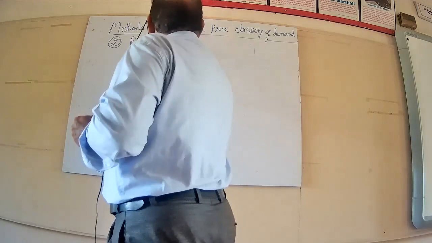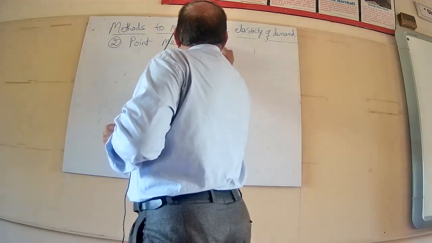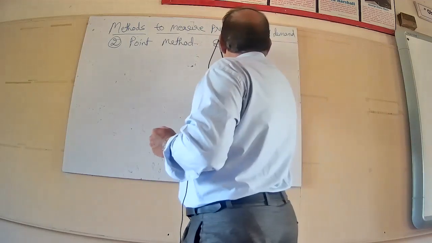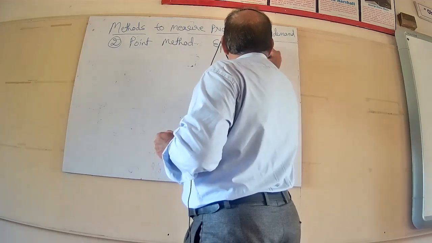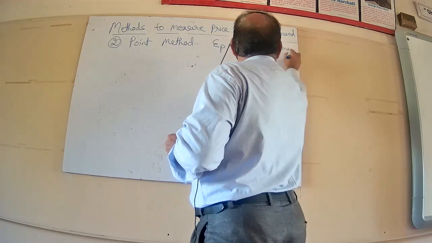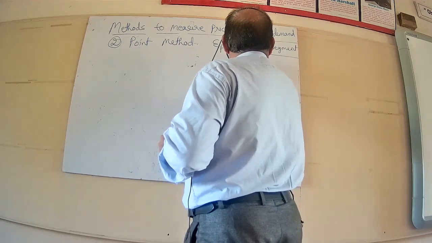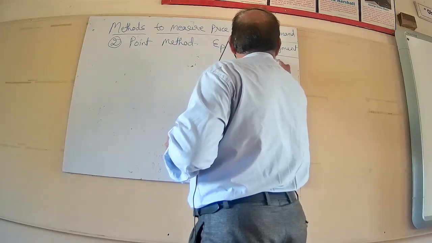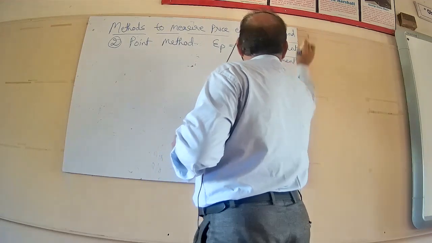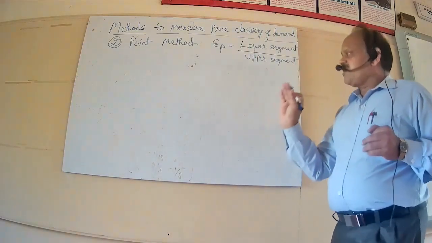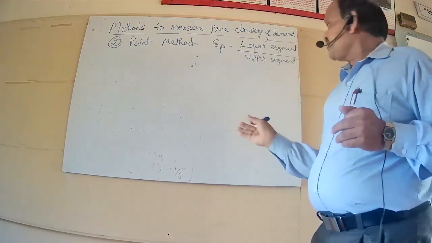Point elasticity is nothing but finding of the slope of a demand curve at a particular point. Here we will make use of one formula. EP, that is price elasticity of demand, is equal to lower segment divided by upper segment of the demand curve. We have to consider the straight line demand curve touching both the axes.